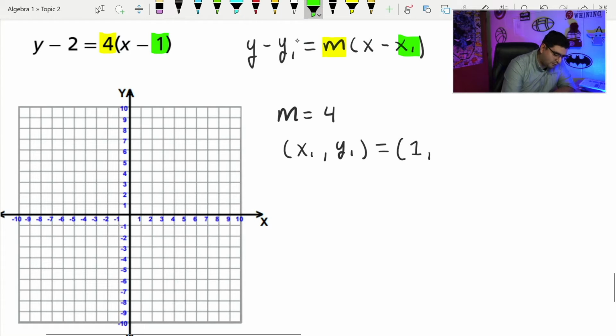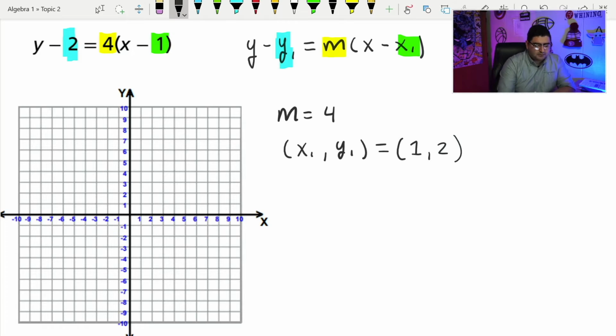My y1, let's look at that. What's in the same position? Well, they have y minus 2 instead of y minus y1. So that means that 2 has to be my y1. And that's how I find the information that I need to graph this. I just found my slope and I found my point.